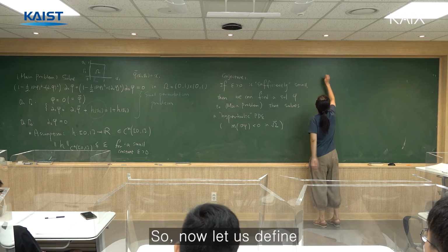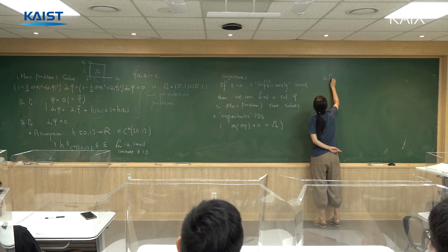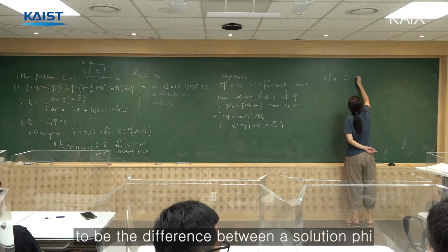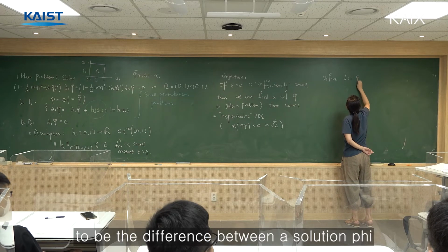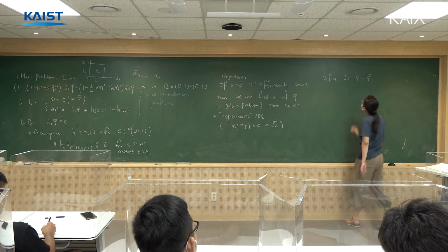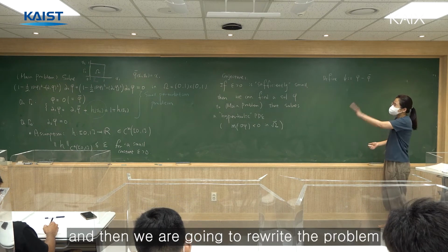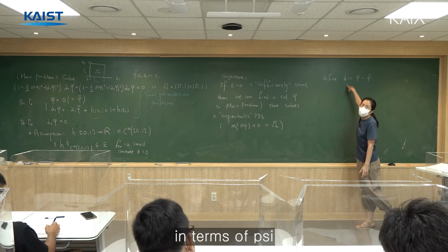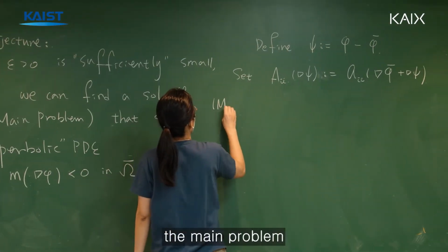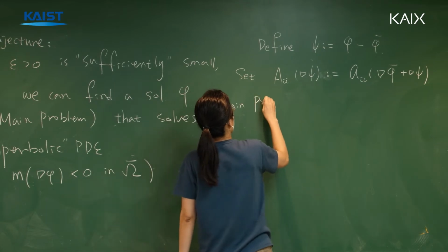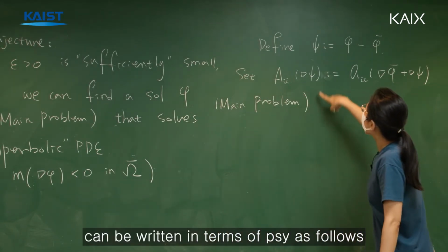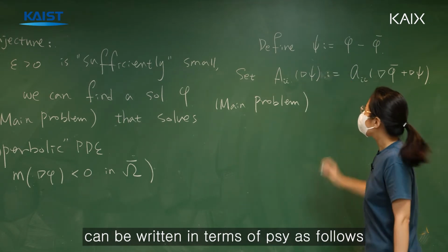So now let us define small psi, okay, to be the difference between a solution phi that we want to find and the background solution. And then we are going to rewrite the problem in terms of psi. Okay? The main problem can be written in terms of psi as follows.